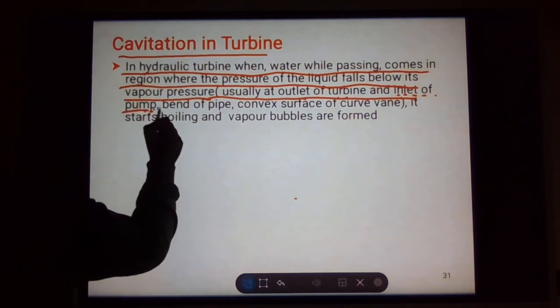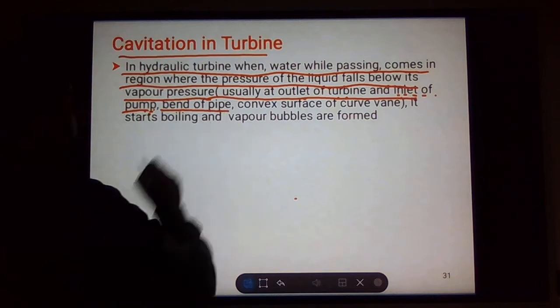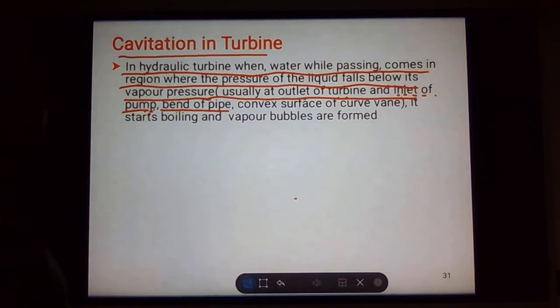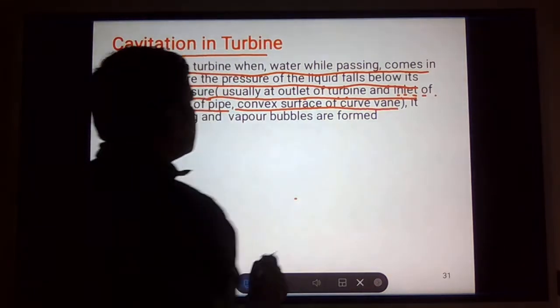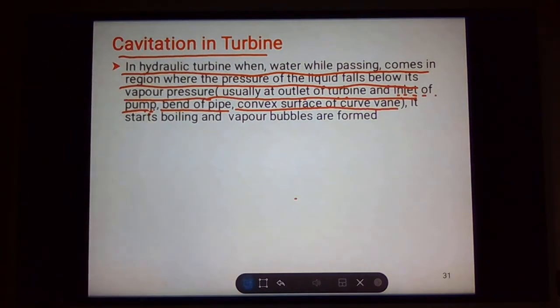Similarly, this can also occur at the bend of a pipe. Where there is a bend in the pipe, it can also happen at the convex surface of the curved vane. At the convex surface of the vane, the pressure is even below the vapor pressure of the liquid.